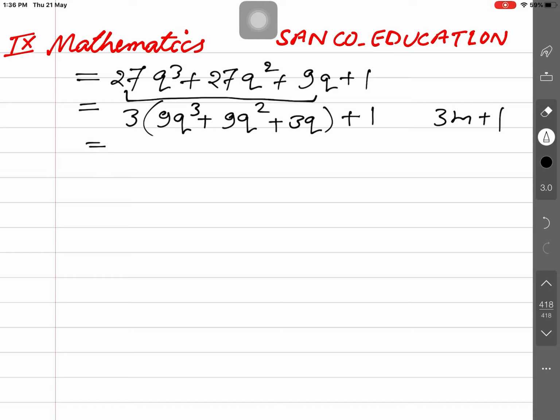See guys, 3 into m plus 1, because see here this 9q cube plus 9q square plus 3q will be a positive integer.